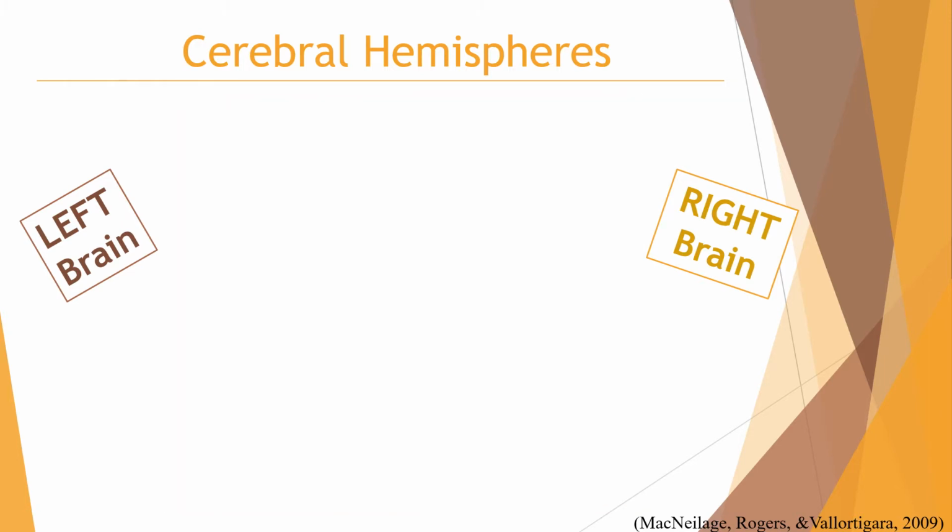And your right brain, on the other hand, is more geared towards artistic things such as color, rhythm, spatial awareness, imagination, things like that.